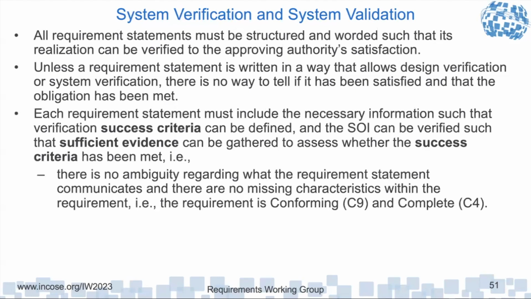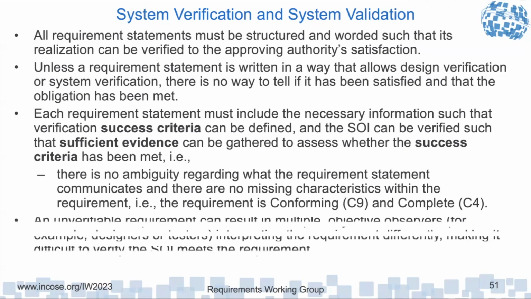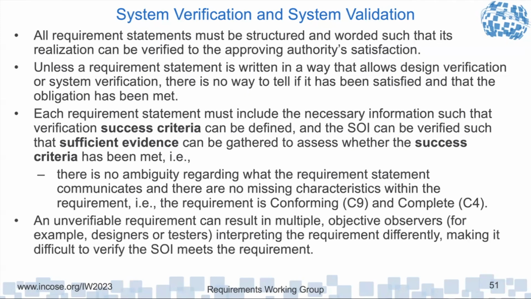Each requirement statement must include the necessary information such that, again, verification success criteria can be defined, the system of interest can be verified such that sufficient evidence can be gathered to assess whether the success criteria has been met, and there's no ambiguity regarding what the requirement statement communicates, and there's no missing characteristics within the requirement. An unverifiable requirement can result in multiple objective observers, for example, designers or testers, interpreting the requirement differently, making it difficult to verify the system of interest meets the requirement.